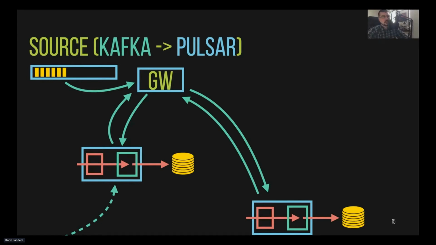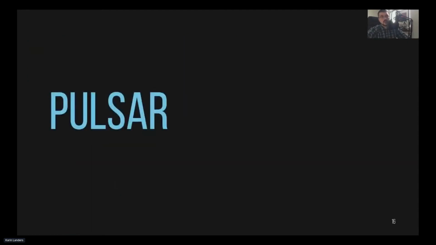When we finally migrated all the microservices, and we actually had not that many microservices at that moment, and that paid off later on, we started to look into Pulsar.